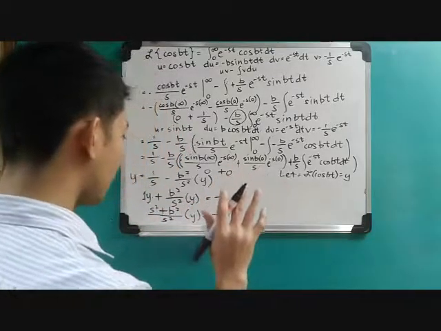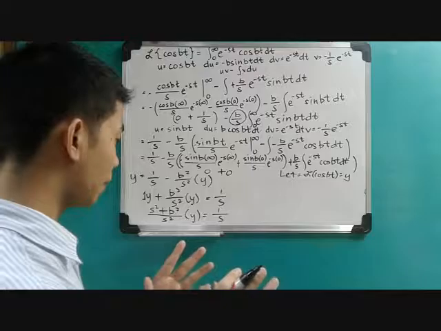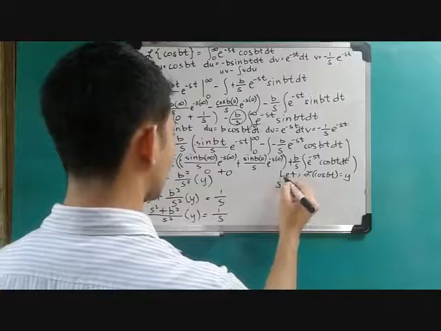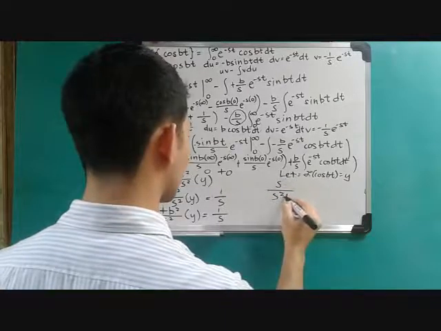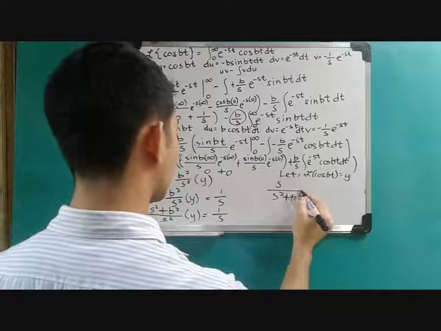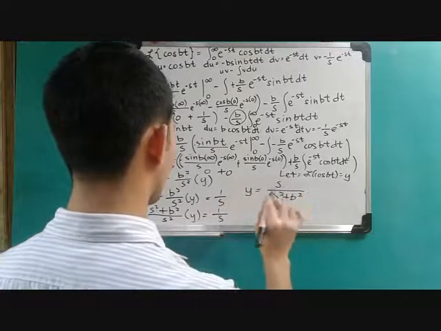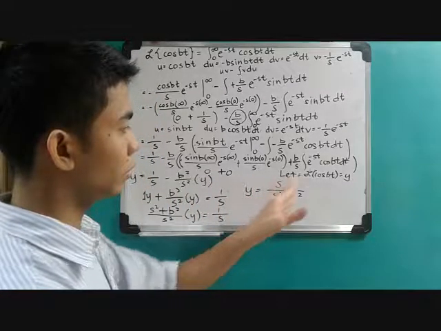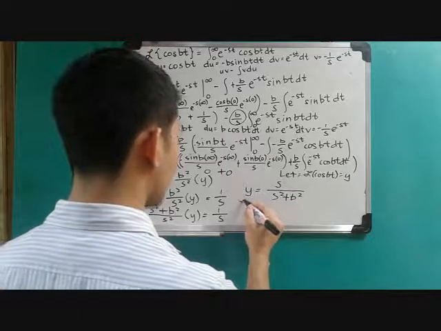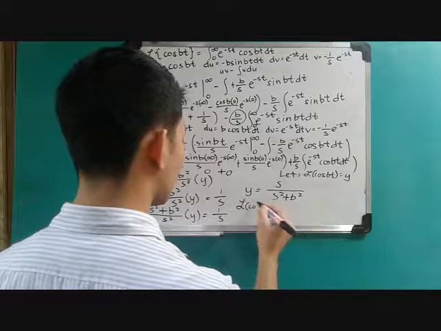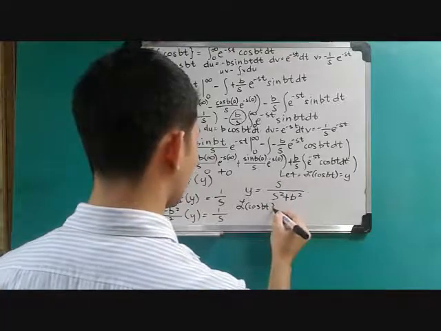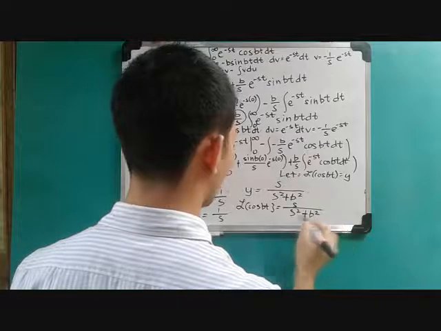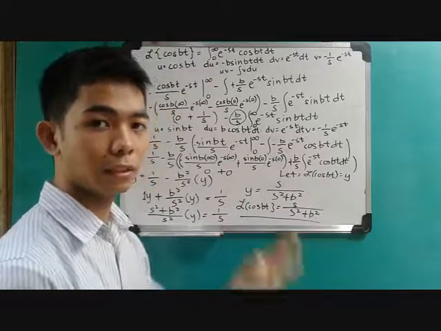You can cross multiply, so the answer will become s over s squared plus b squared. y is equal to, and substitute, the Laplace of cosine bt is equal to s over s squared plus b squared. And that's the final answer. And that's how it is done.